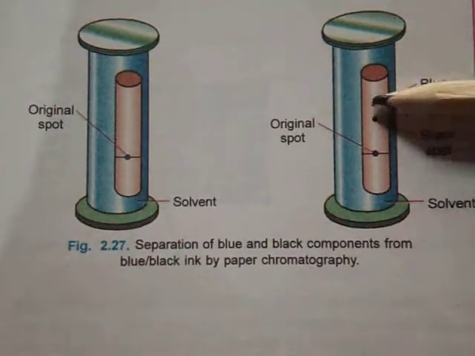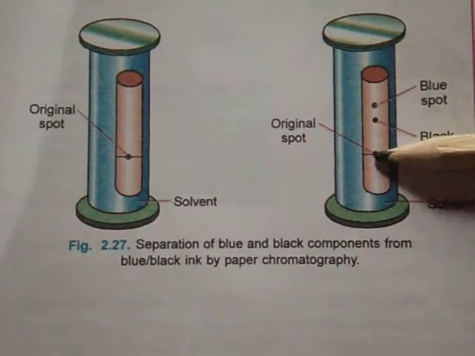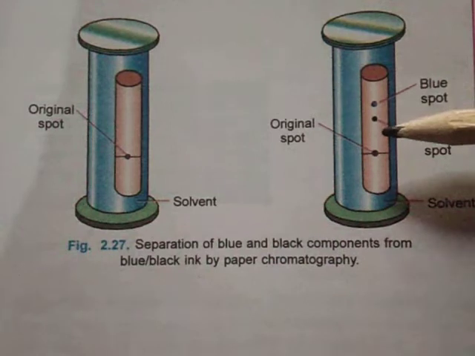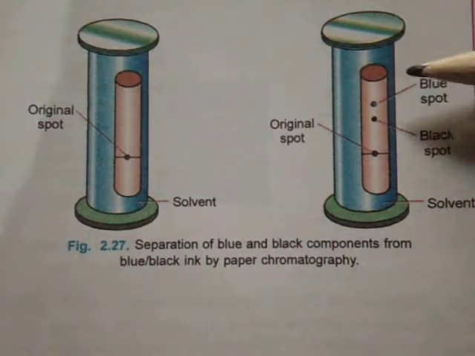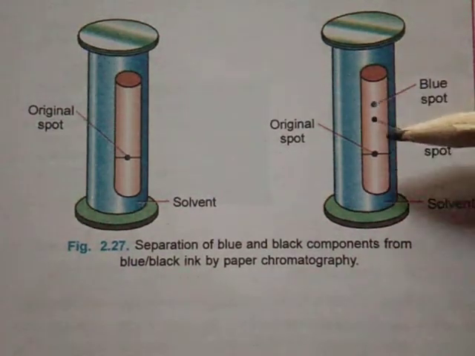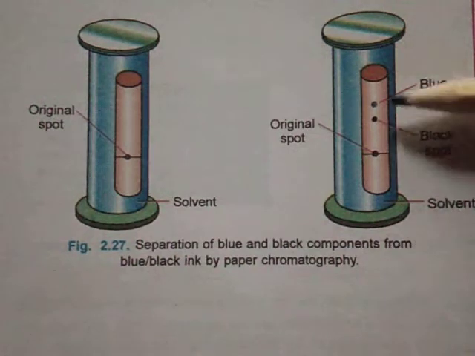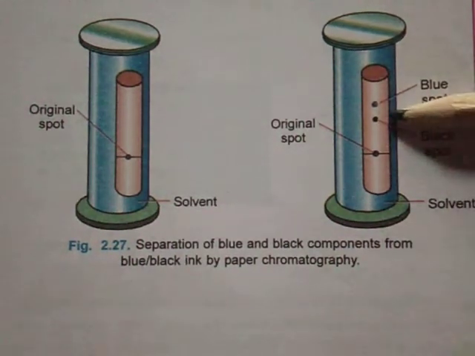Black spot and blue spot. These are separate from this original spot. It means the more soluble will move faster. The blue and black colors will get separated by the help of paper chromatography.